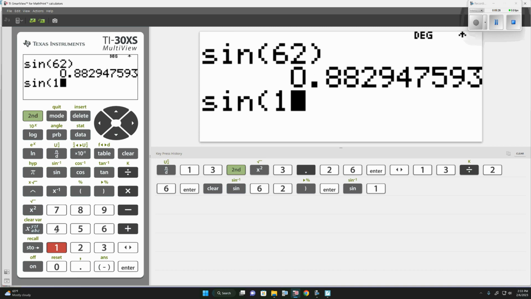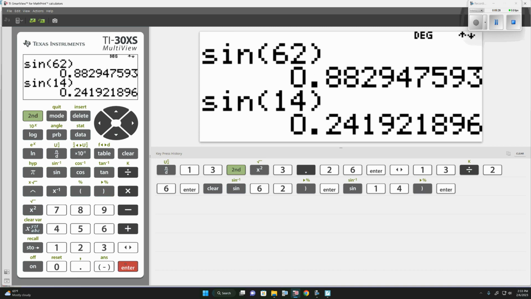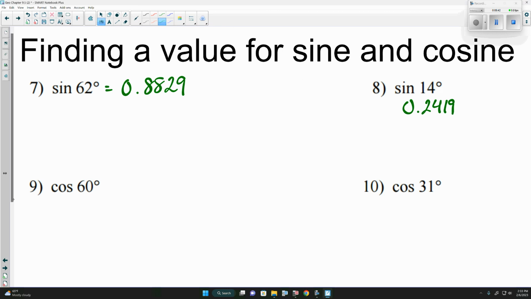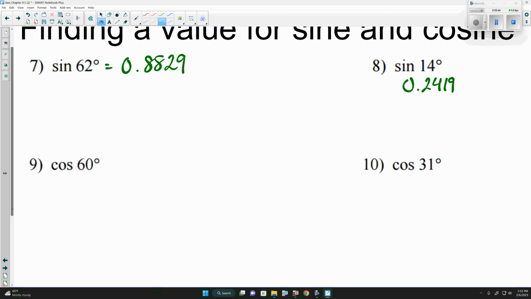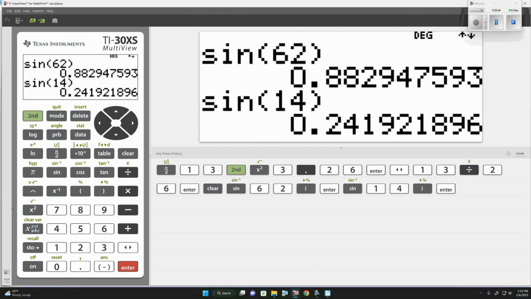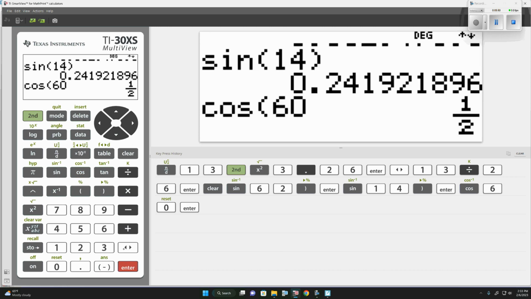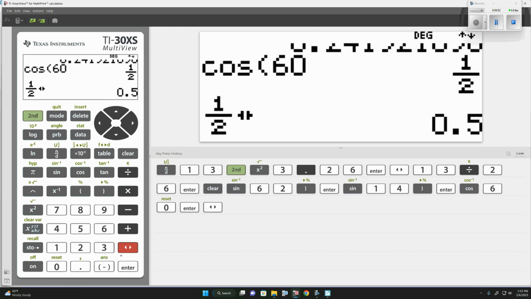So we say sine of 14 degrees is 0.241921896, or 0.2419. And the same is true for cosine. So we can take cosine of 60 degrees, which is 1/2, or 0.5.